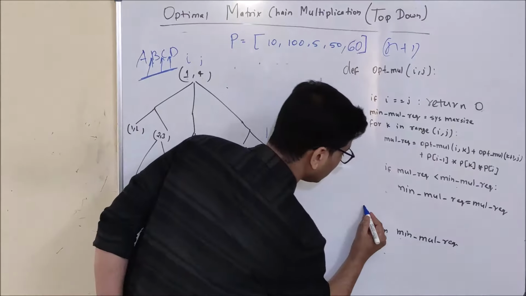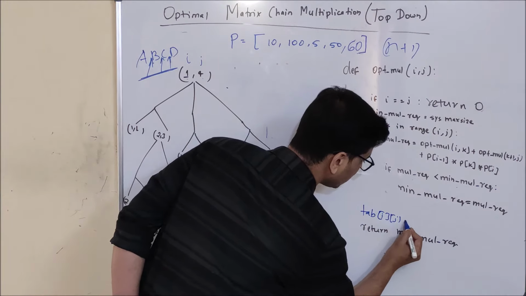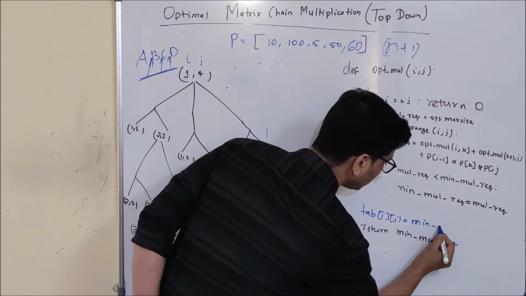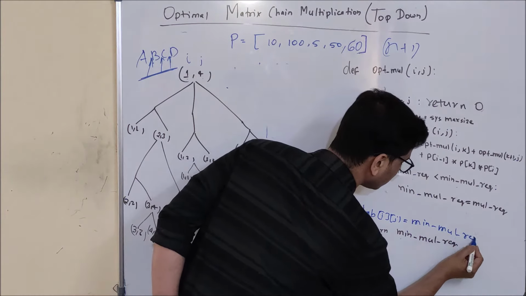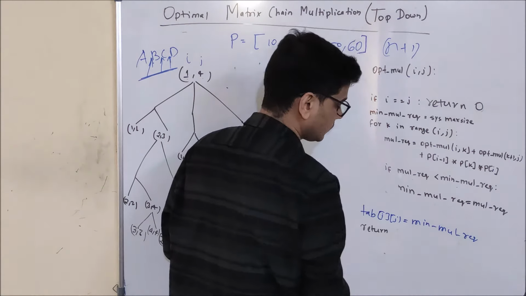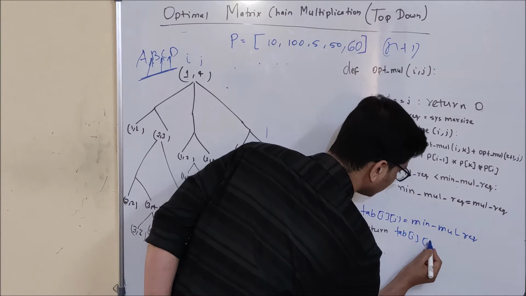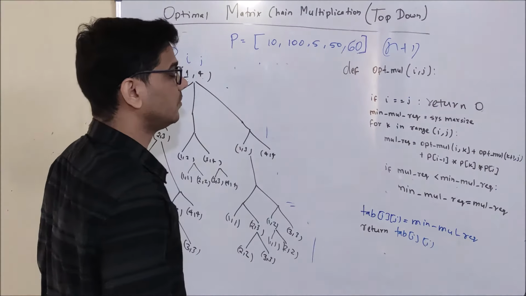That is, here I am returning, so tab of i j will be min multiplication required, and here I will return tab of i j. This is one modification.